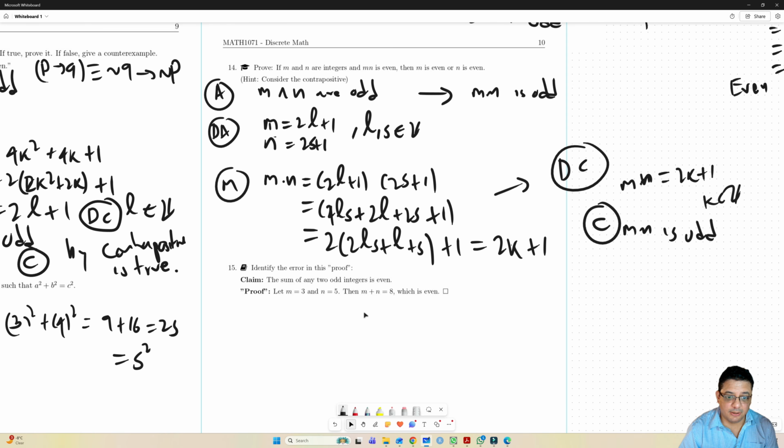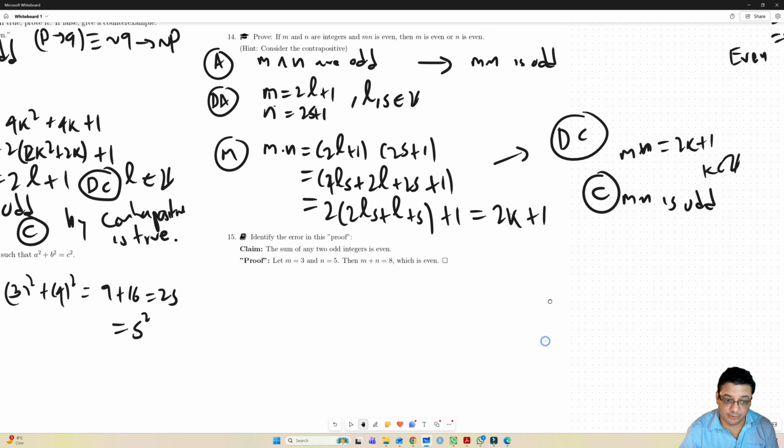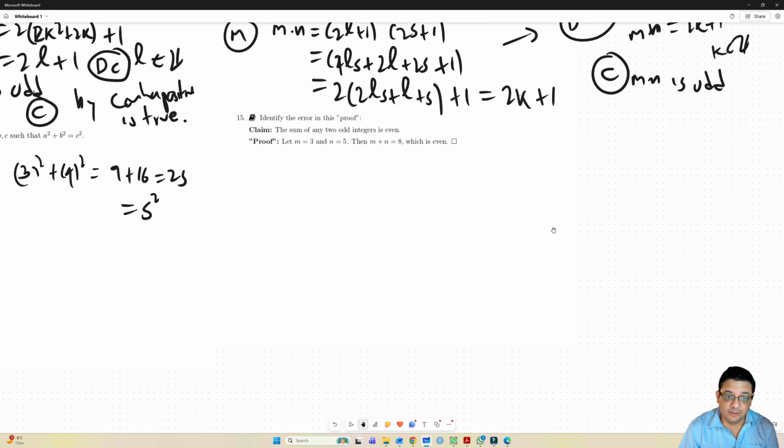Now in 15, we got to be careful. We got to identify an error in a proof. It says the sum of any two odd integers is even. And the proof is: let m equals 3 and n equals 5, then m plus n equals 8, which is even. So the error here is that this is an example.